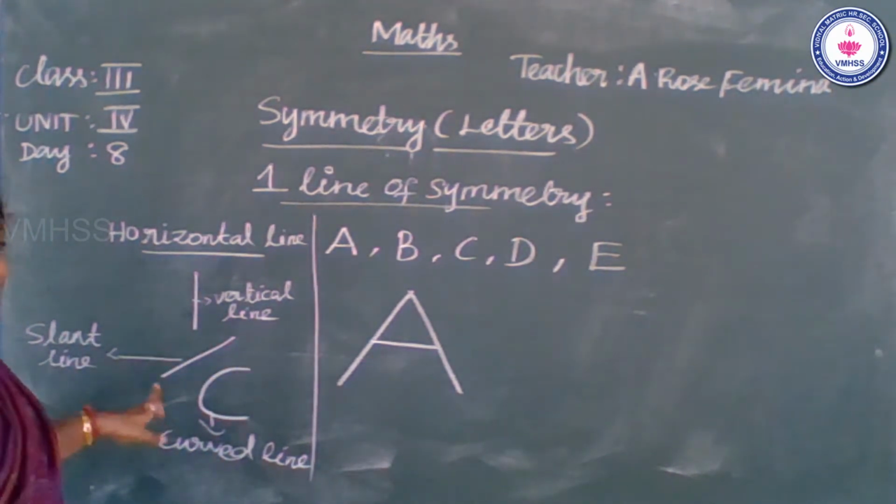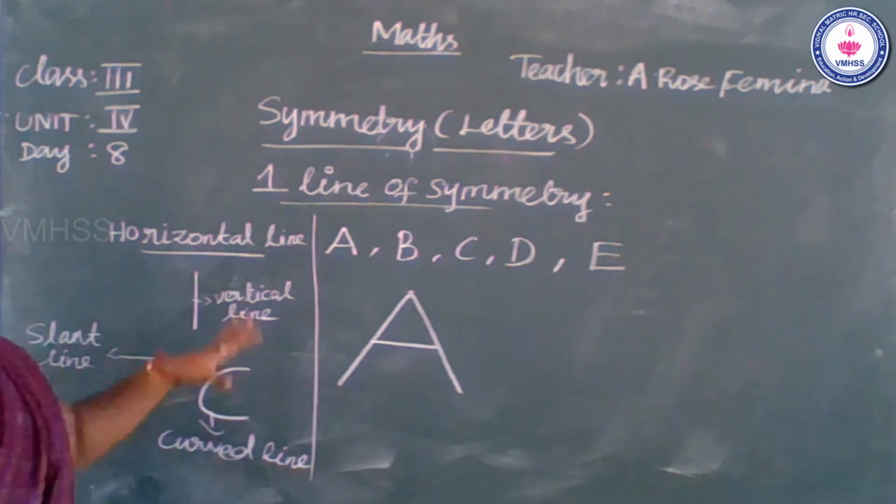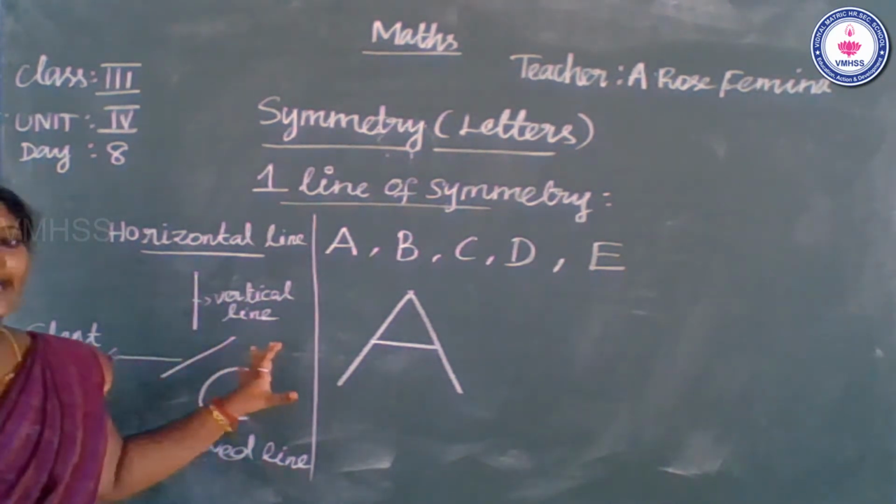Third one, slant line. Last one, curved line. So the four types of lines are horizontal line, vertical line, slant line and curved line.